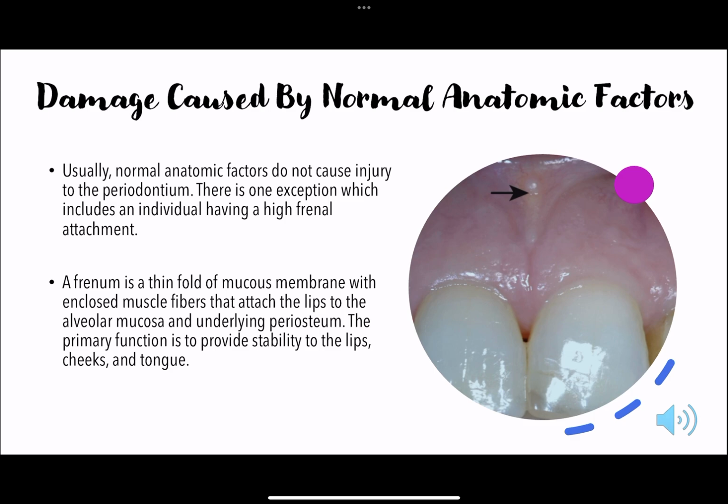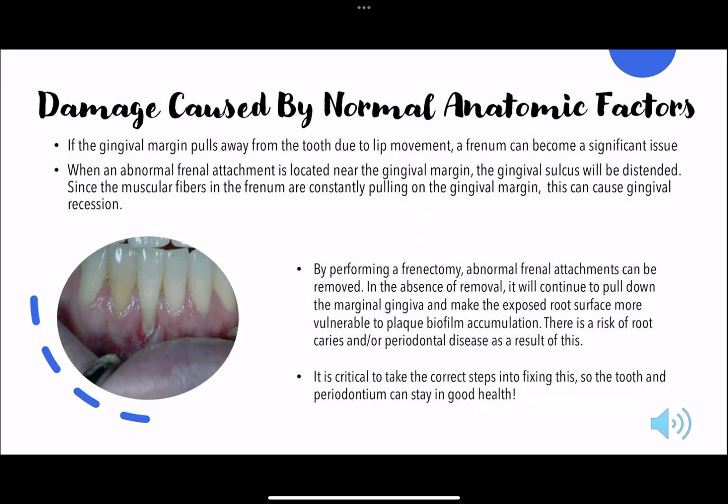So a frenum is a thin fold of mucous membrane with enclosed muscle fibers that attach the lips to the alveolar mucosa and underlying periosteum. The primary function of a frenum is to provide stability to the lips, cheeks, and the tongue. If the gingival margin pulls away from the tooth due to lip movement, a frenum can become a significant issue.